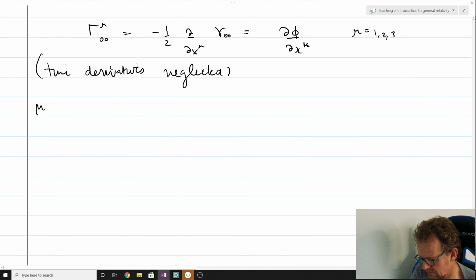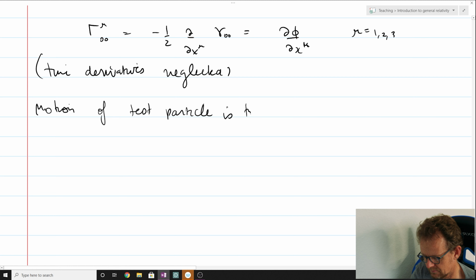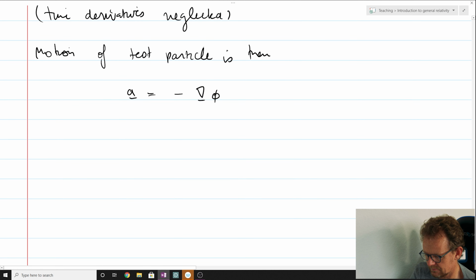And so we've now simplified things sufficiently to be able to express the motion of the test particle in terms of the gravitational potential, a quantity that we can now interpret as a gravitational potential, is minus grad phi. And this A vector is none other than the second derivative of the position with respect to t.